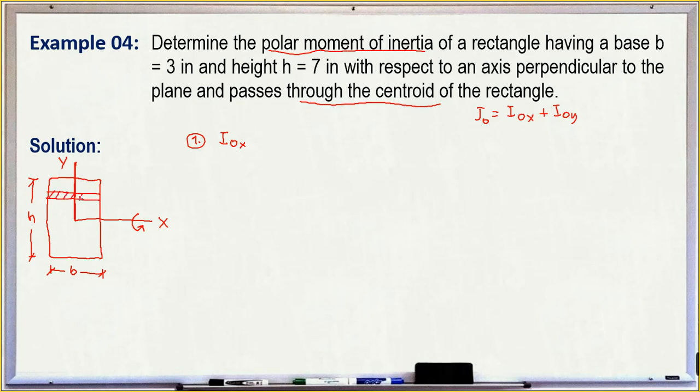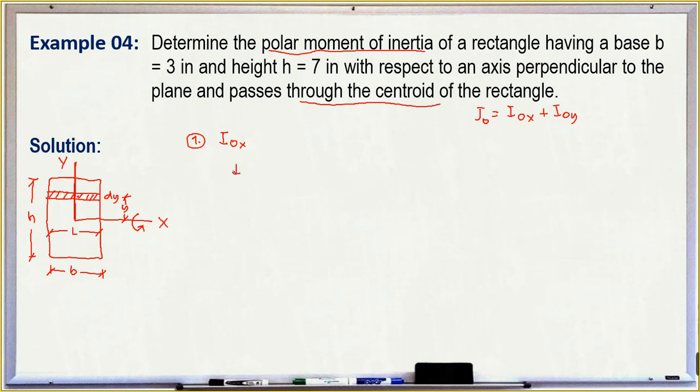Okay, so kana siya. And of course, it has a width of dy and a length, no? This length right here. And of course, this one is the distance y with respect to the x-axis.